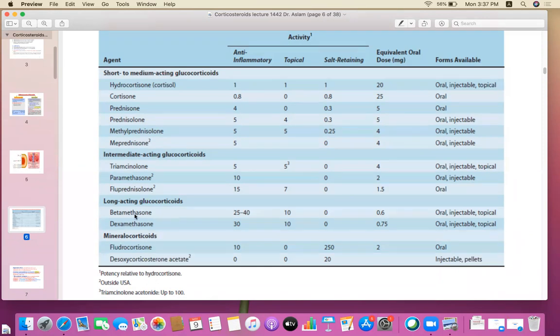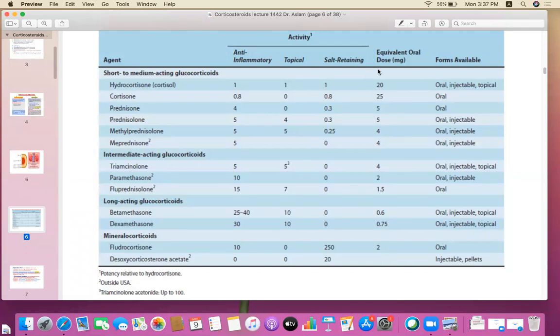Means if we take the tablet of betamethasone, 0.6 milligram is equivalent to 20 milligram of cortisol. Or another example: the dose of cortisol 20 milligram is equivalent to 25 milligram of cortisone, 5 milligram of prednisone, 5 milligram of prednisolone, 4 milligram of methylprednisolone, like that.